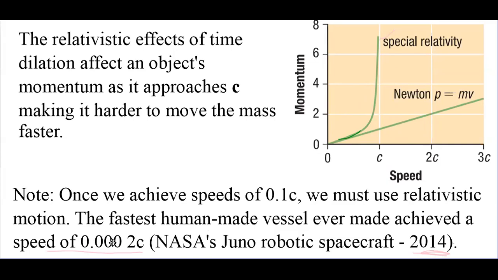But it got a gravity boost as it orbited around Jupiter, and it was able to go at 0.0002 times the speed of light. So it'd be basically 0.02% of the speed of light. So that's the fastest we've ever really been able to go. We can accelerate particles too really fast, but not really larger vessels. So that's pretty hard for us to do.